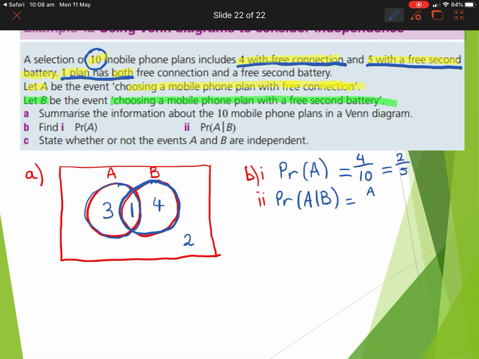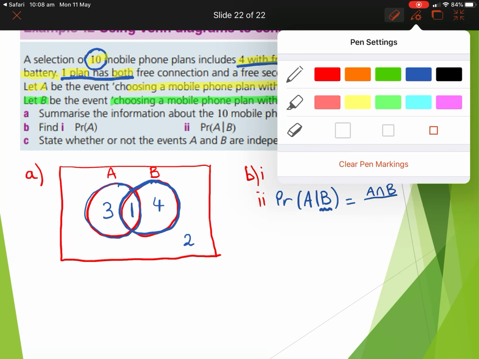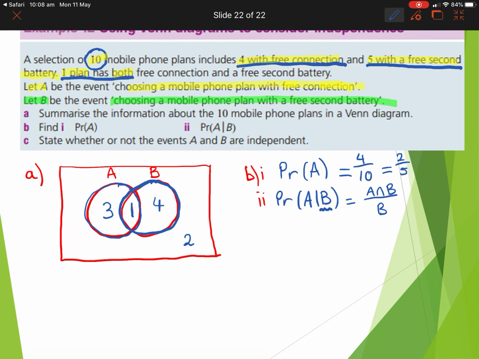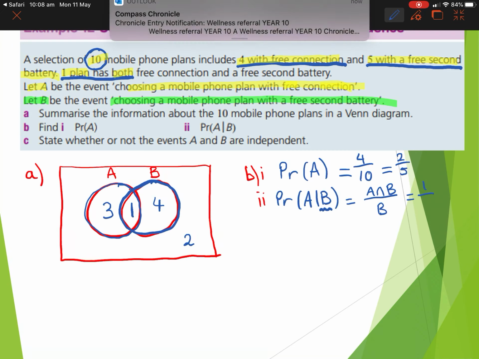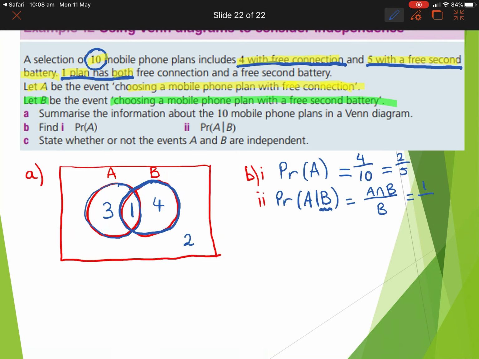So we need to find A intersect B divided by how many is in B, because B is the last one here. So the intersection of A and B we know is 1, and divide that by B, so the total amount in B, which is 5.